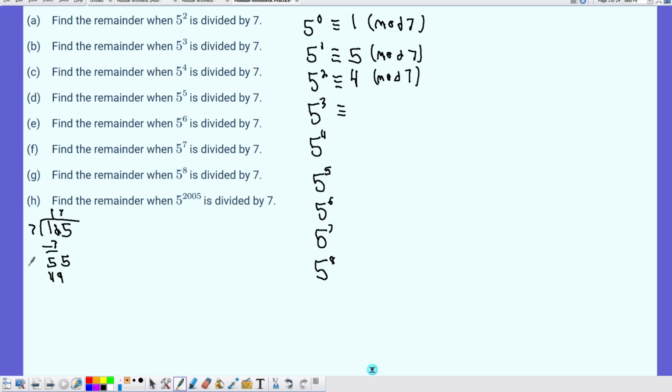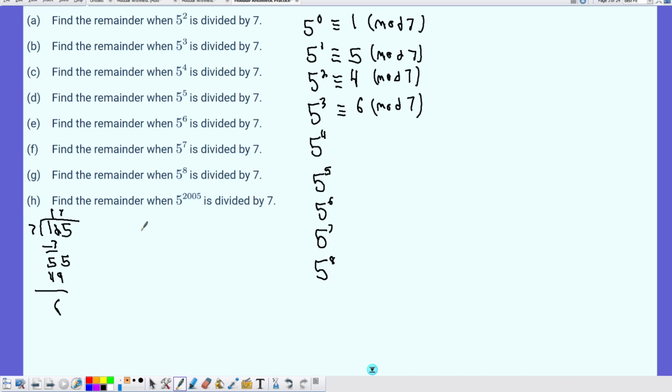And 55 minus 49 is 6. So it'd be congruent to 6 mod 7. Now the numbers are getting big. Is there any way we could just do this easier?